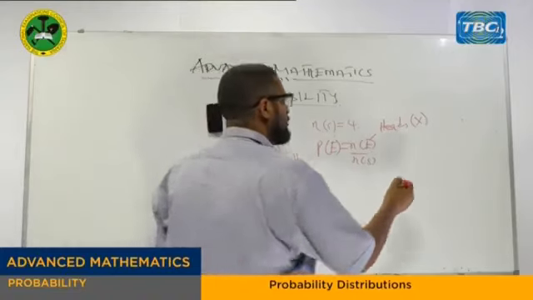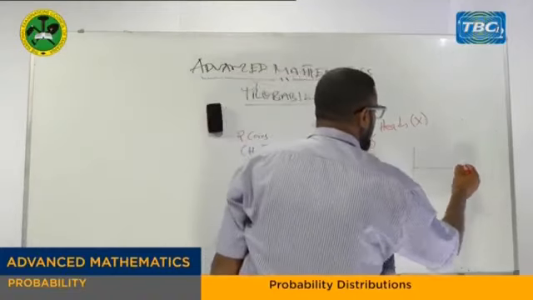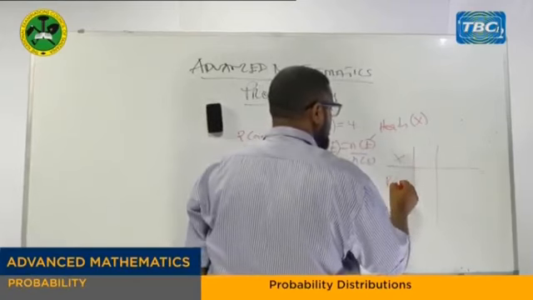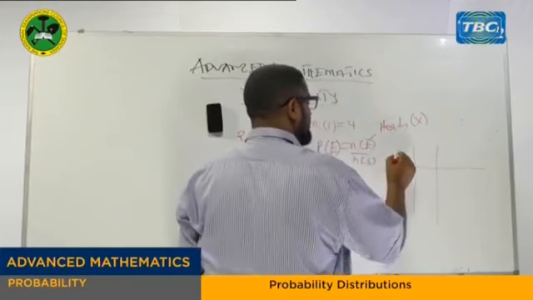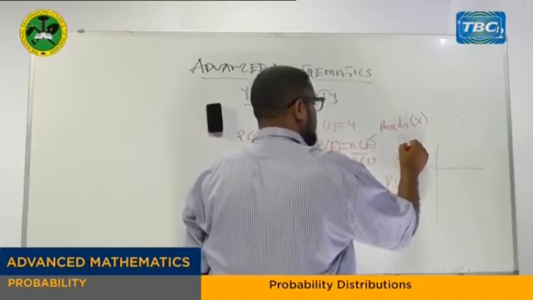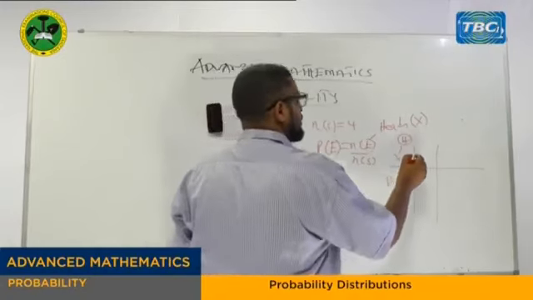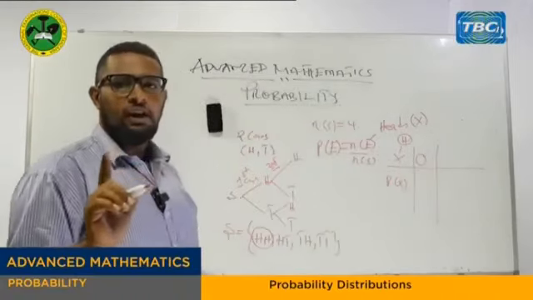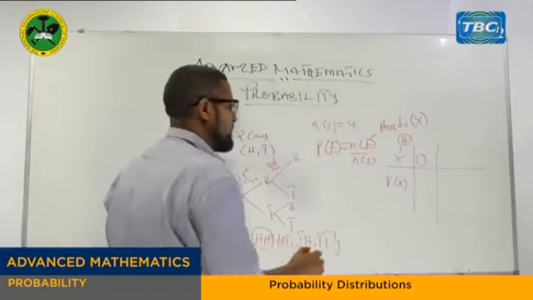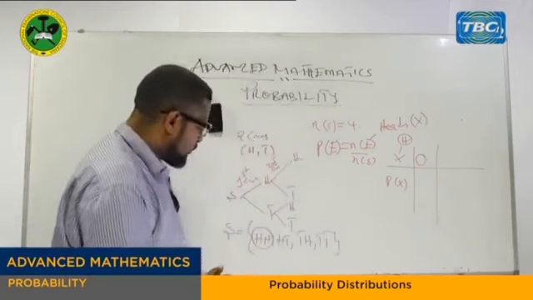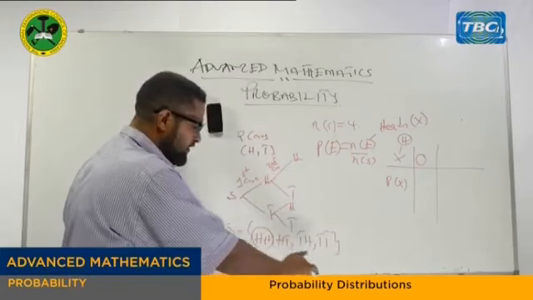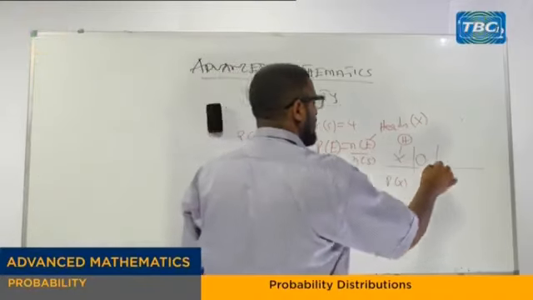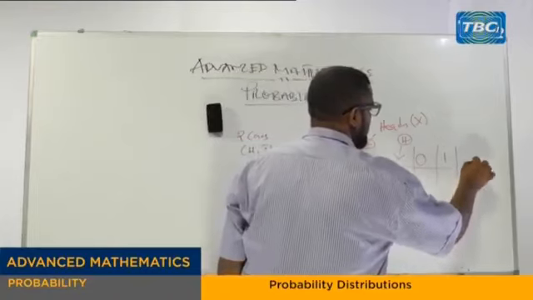So now you go and draw a table that will contain X and their probability. Remember, X is used instead of H. So we found a place where we don't have any H, so we put 0. But again, if you go back to your sample space, you find there is a place that we have only one H. So I write here 1, and another place will have 2.